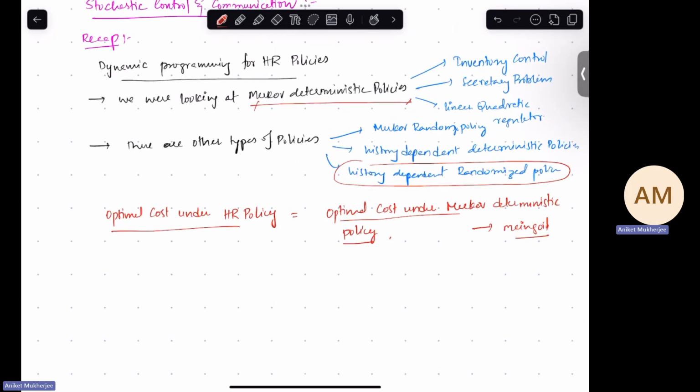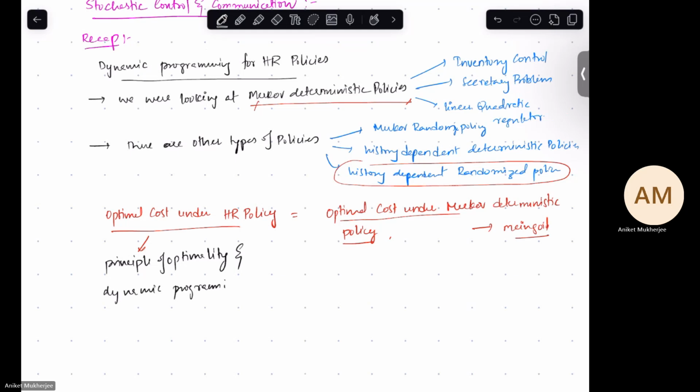Right? So to do that, first let us come up with a formal definition of the principle of optimality and the dynamic programming algorithm for HR policy.